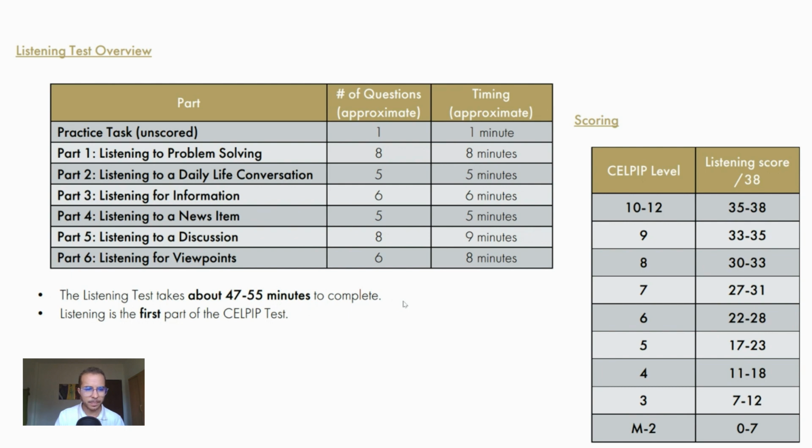Let's look at the CELPIP scoring. Okay, the maximum you can get is a 12, and that would give you 38 points. 38 points is 1 point per mark. You'll notice that some carry over into 2 different levels. We have 35 that goes into level 10 and 35 that goes into level 9. Why is that?